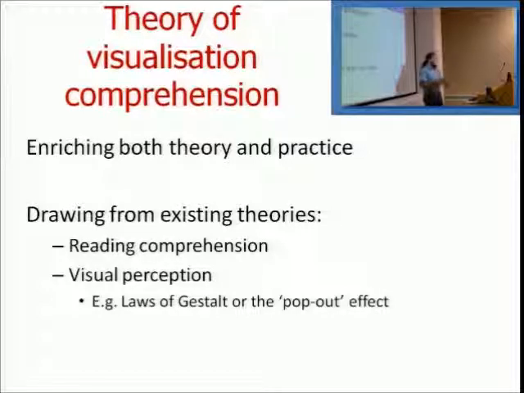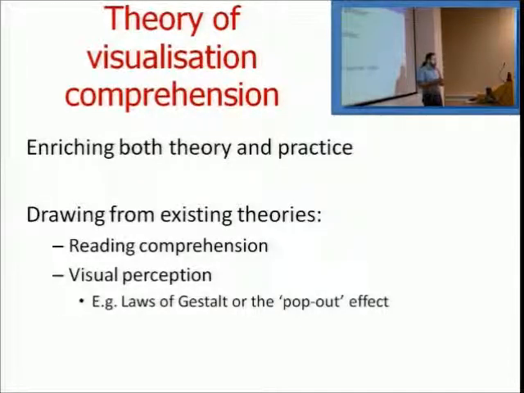So in between this, and I believe everyone knows about the laws of Gestalt, and Treisman's research about the pop-out effect. However, the laws of Gestalt are this year 100 years old, and in these 100 years there's been a lot of pure academic research into what exactly they are and how to reformulate them better, and we'll talk about that.